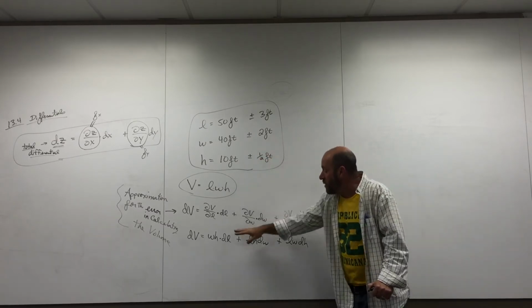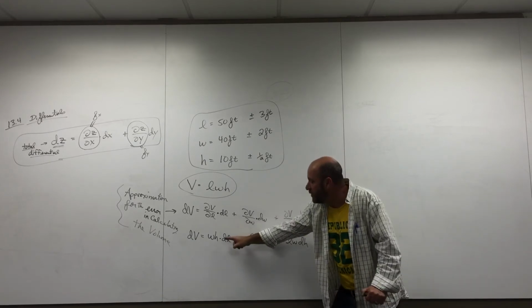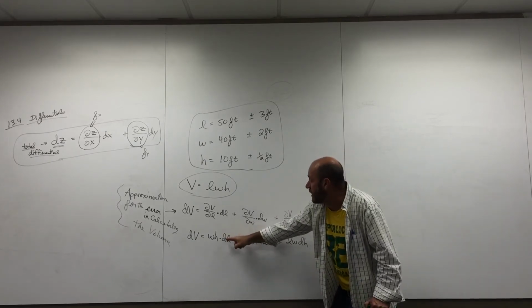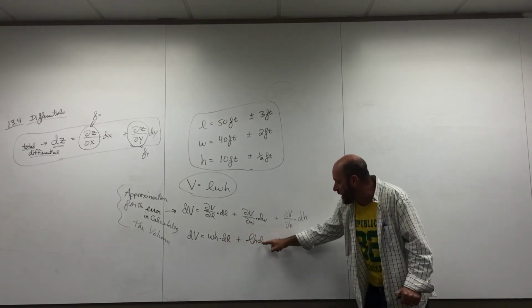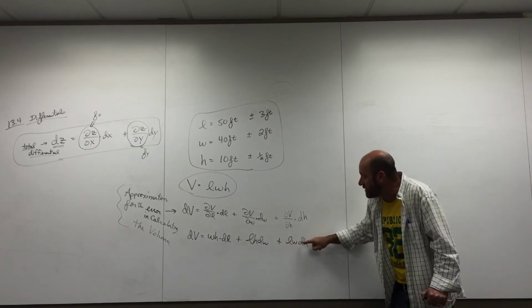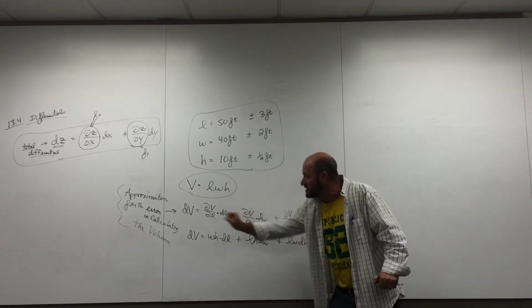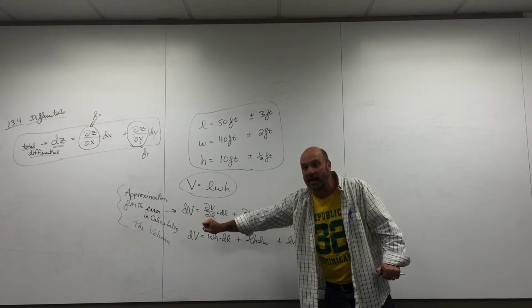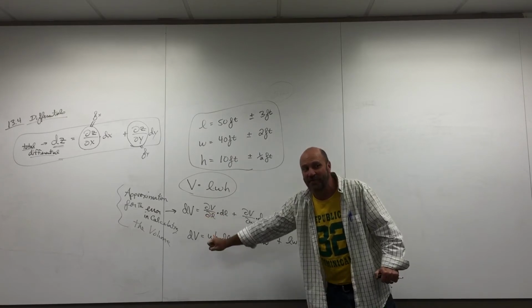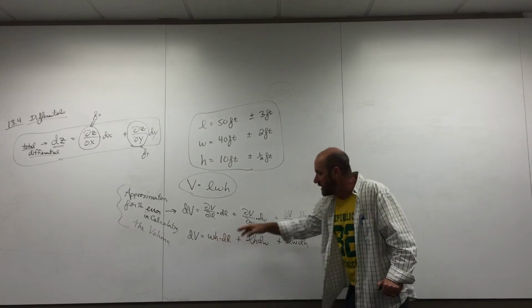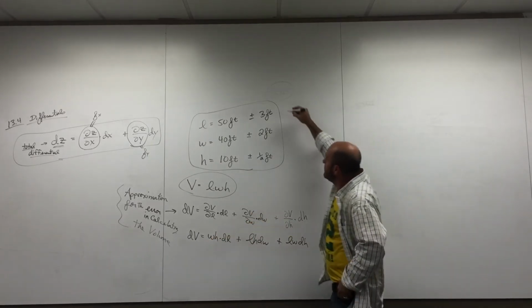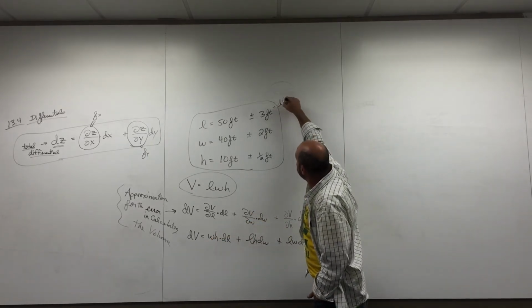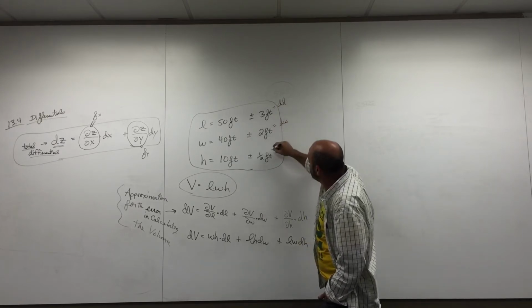If I put a little plus or minus on each one, can't I just factor the plus and minus all the way out front? So I think I'll just do that. The answer will have a plus and minus on it. And I can just fill in these numbers, you guys. This is my dL, this is my dW, and this is my dH.